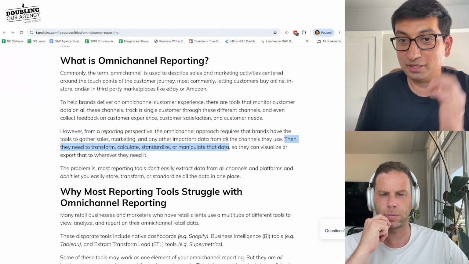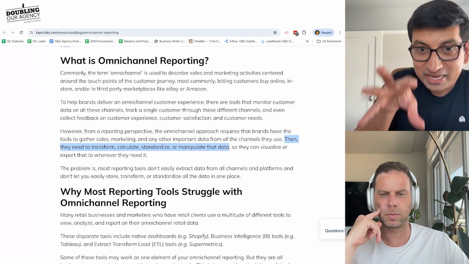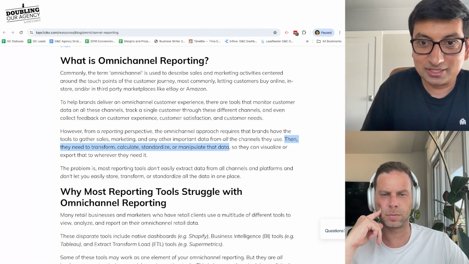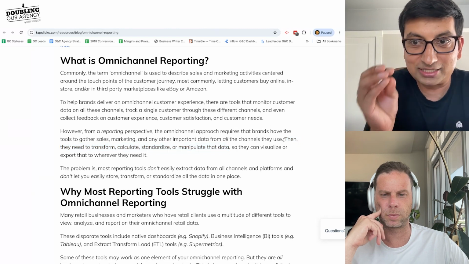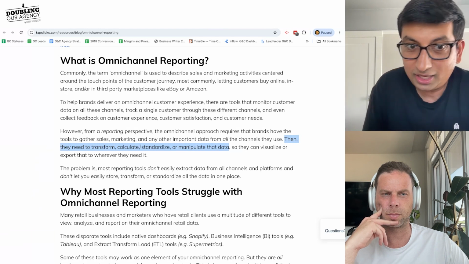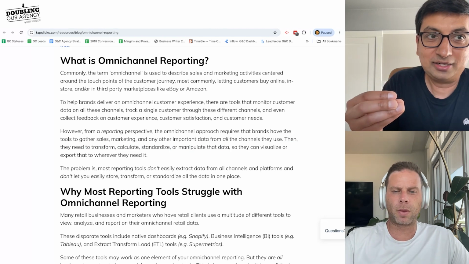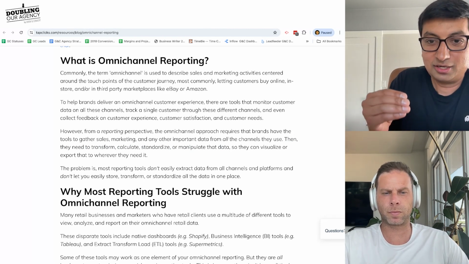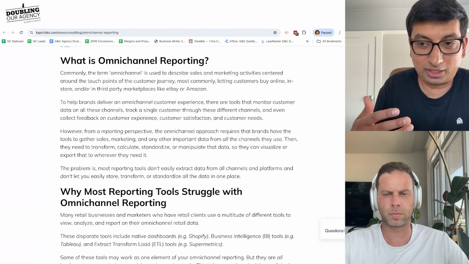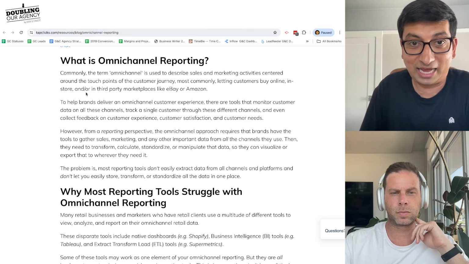I wasn't even planning on saying this, but this is a nuance only someone who's been in this space would even know to put in here. What you won't even notice as an outsider unless I'm pointing it out, what seems like a ho-hum sentence, "then they need to transform, calculate, standardize, and manipulate that data," has in it stuff that tells an educated target customer, a prospect that maybe has had issues with omni-channel reporting, is maybe in the market for an expensive enterprise grade tool like TapClicks.